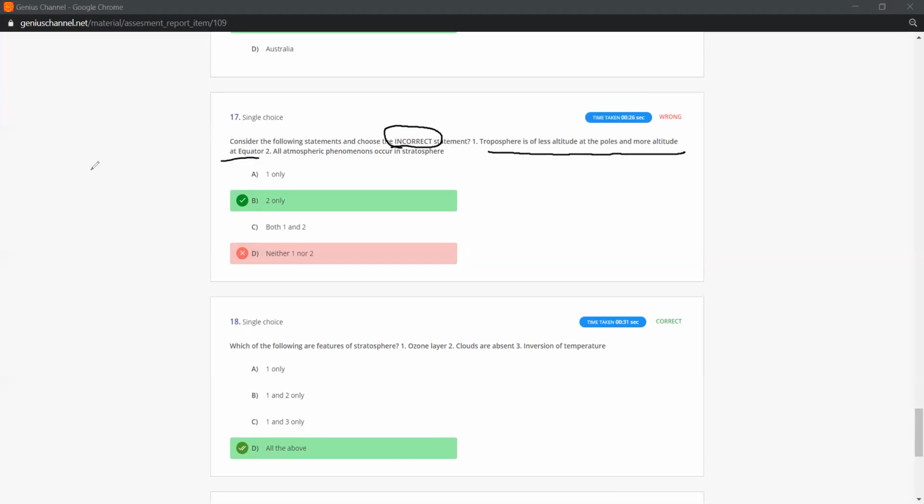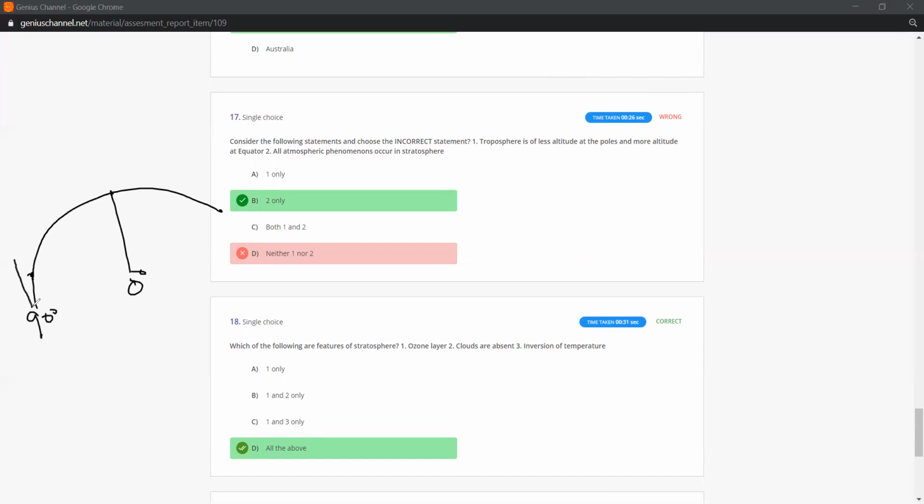If this is the poles and this is the equator, at 90 degrees, the troposphere is like this. That means it has more height at the equator. That statement is correct.